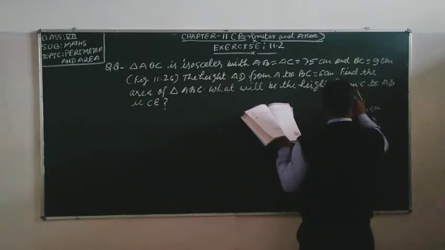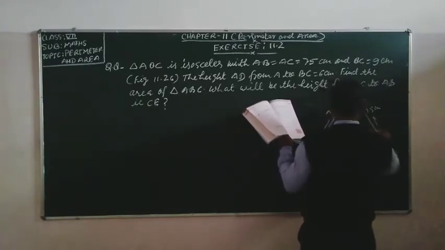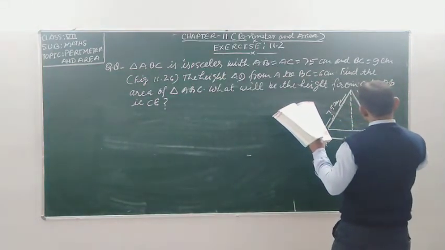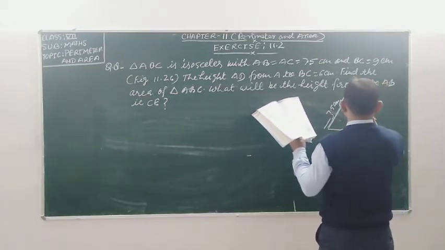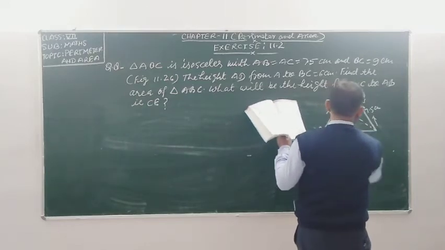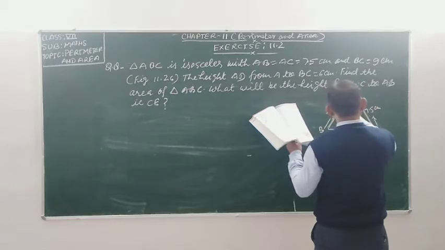From the point A, a perpendicular line is drawn like this, student, making a 90-degree angle with this side, and from the point C, one perpendicular line is drawn also, like this. The name of the triangle is ABC, and from C, when we draw the perpendicular line, this line makes a 90-degree angle with AB. See, a 90-degree angle is formed here because I am drawing a perpendicular line. This is the perpendicular line.